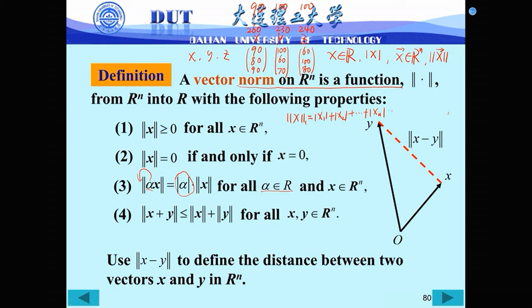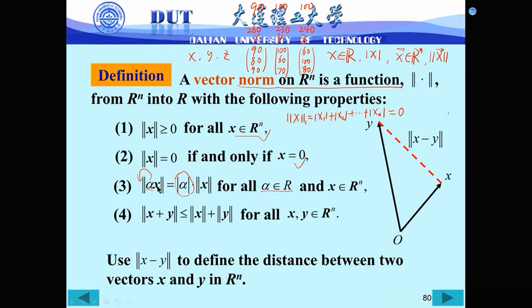If the L1 norm is 0, that means the summation of the absolute values is 0. We know that happens if and only if each xi is zero. That means x is the 0 vector. It's okay for you? So, check, right?